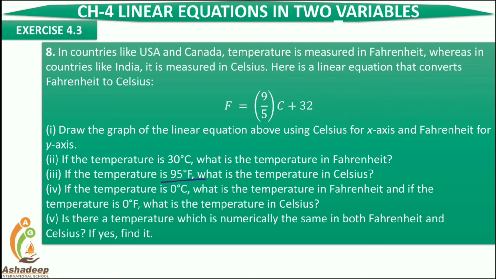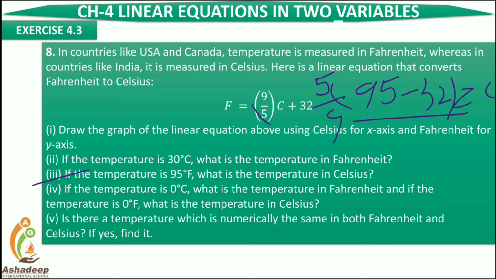Then here 95. So instead of F, I have to put 95. Now this 32 comes onto this side, it becomes minus. So 95 minus 32, right? And this 5 goes to the numerator and this 9 into the denominator, it is equal to C. That is our answer for the third one, right?